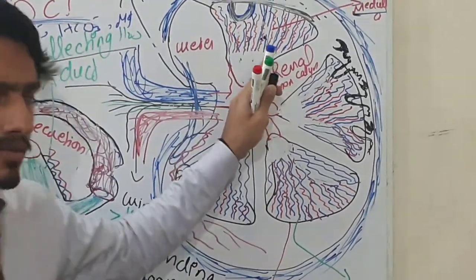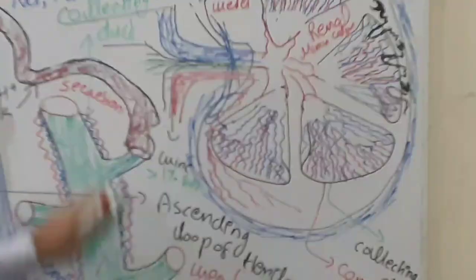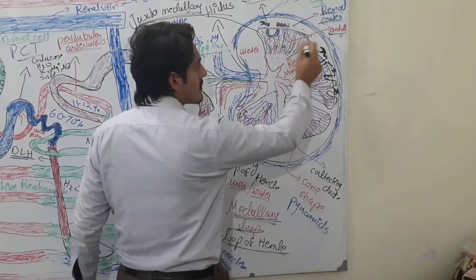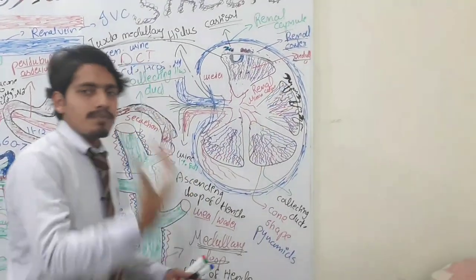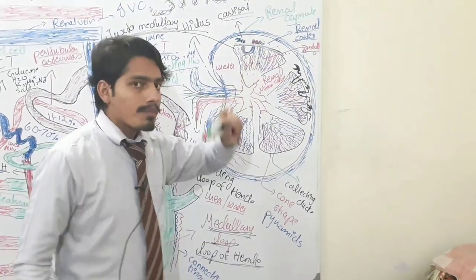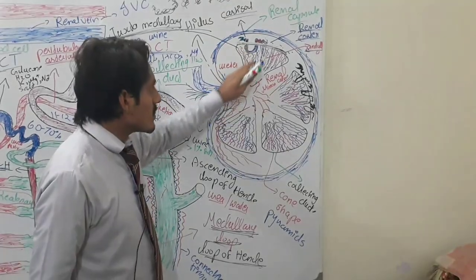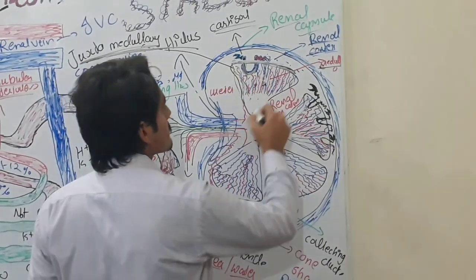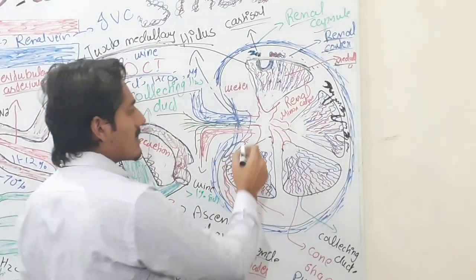Basically, these striations are of collecting ducts. There are several collecting ducts present inside the medulla, which give it its striated appearance. These collecting ducts are present inside the medullary part, and this portion is called the pyramid.